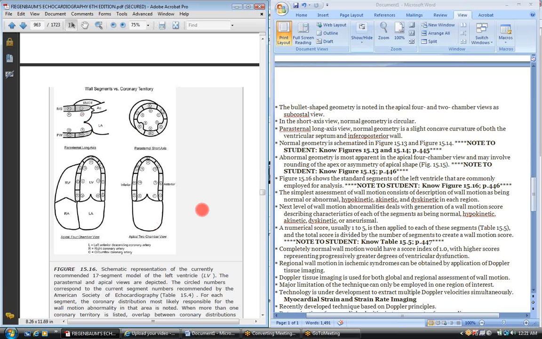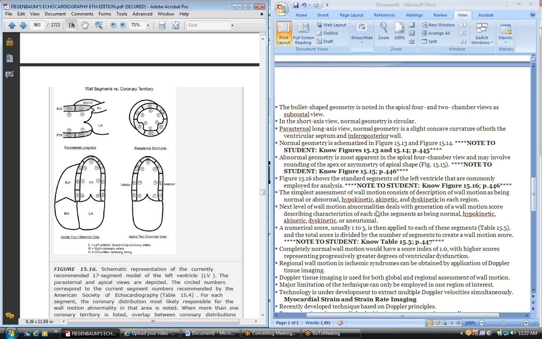So you've got 17 segments, 17 being the apex, that you can use to try to discern exactly which segments are abnormal. The simplest assessment is a description of the wall motion as being normal, hypokinetic, akinetic, or dyskinetic in each of the 17 regions.